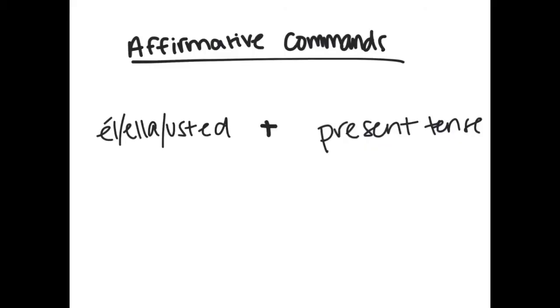Alright, so for affirmative informal commands, the formula for how to do commands is pretty easy actually. You just use the él, usted form in the present tense. So this is going to be one word. Examples: if you want to say caminar, but you want to tell someone to walk, commanding them to walk, you would say camina.